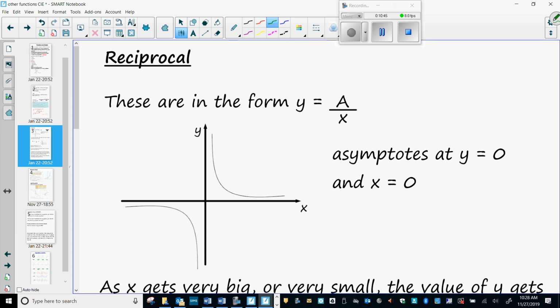Alright, reciprocal graphs. These are where the x is on the bottom. So these kinds of graphs always have two portions to them. They have a portion up here and then a portion down here opposite it. In some cases you will find that they do this. That's going to happen if the value up here is negative.